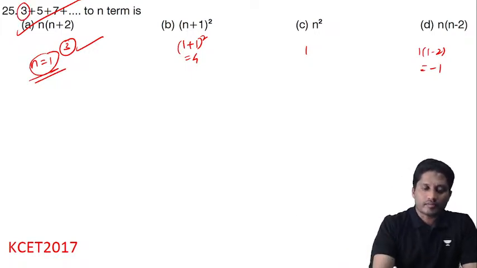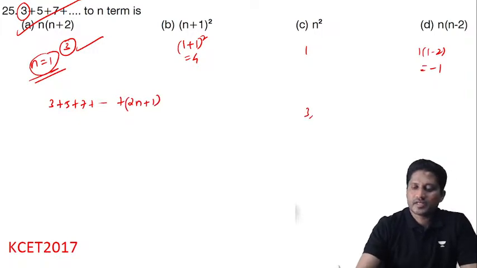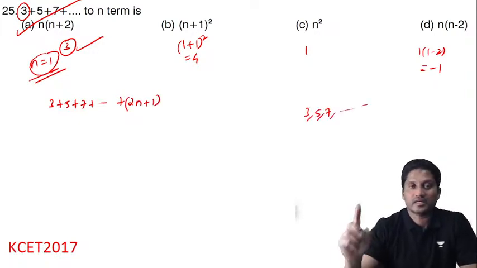Now if you want to do the problem, write 3 plus 5 plus 7 and so on. Obviously the last term is 2n plus 1, because this is an AP, 3, 5, 7 and so on. You calculate the nth term.